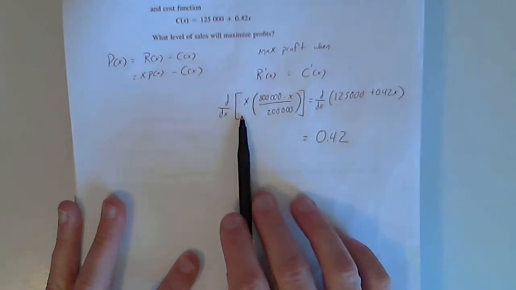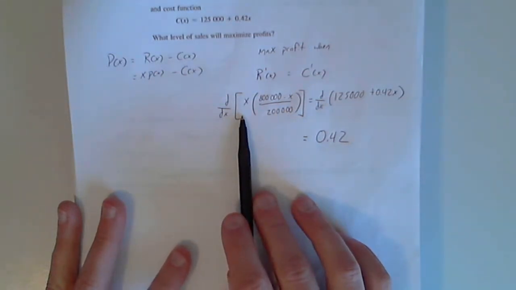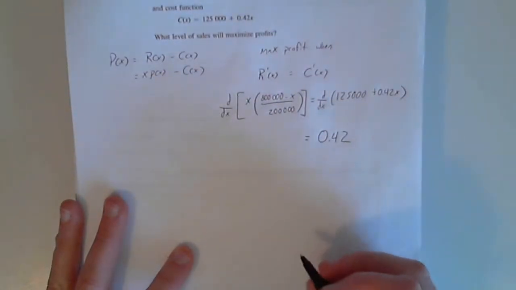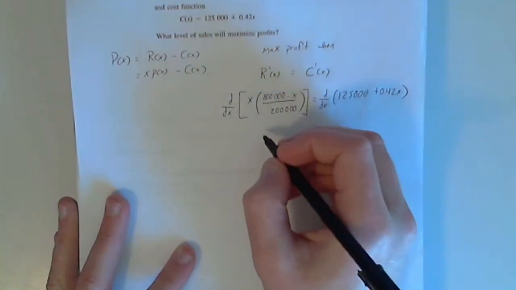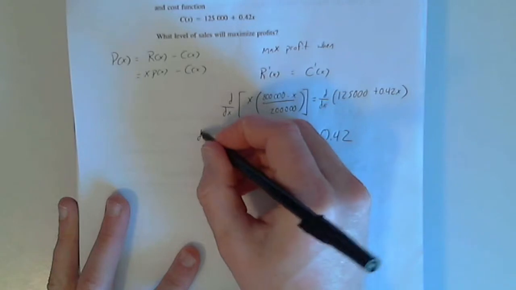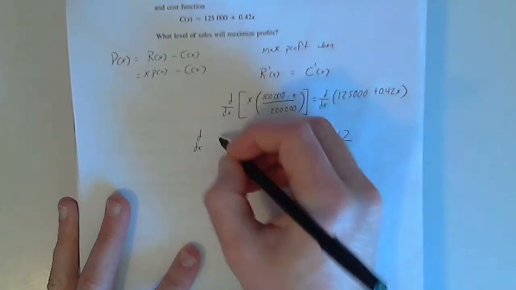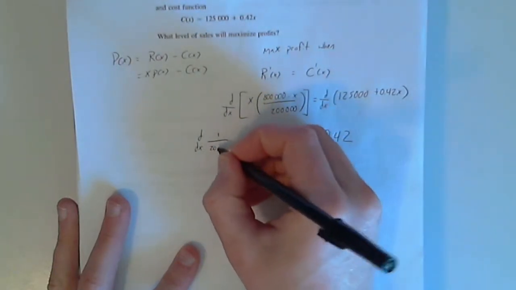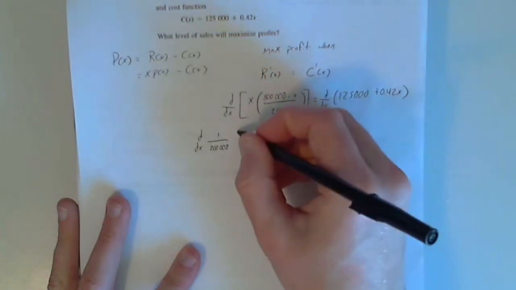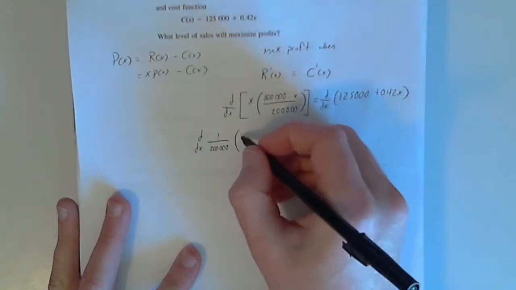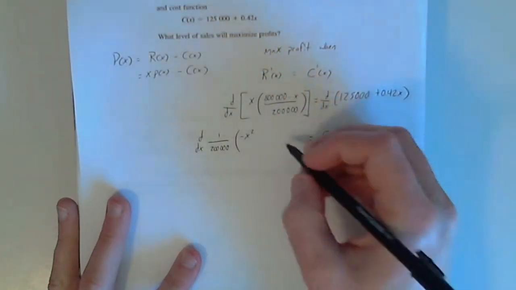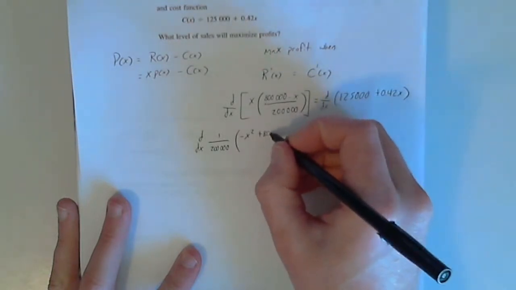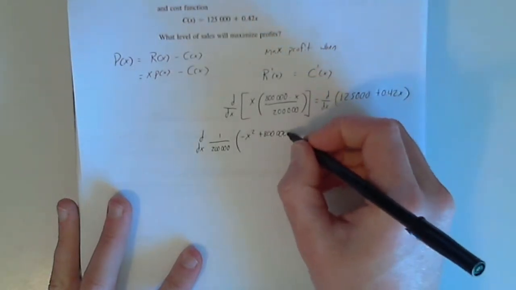And we can pull the 200,000 to the outside to make it an easier looking polynomial. So we're going to find the derivative of 1 over 200,000 times negative x squared plus 800,000x.